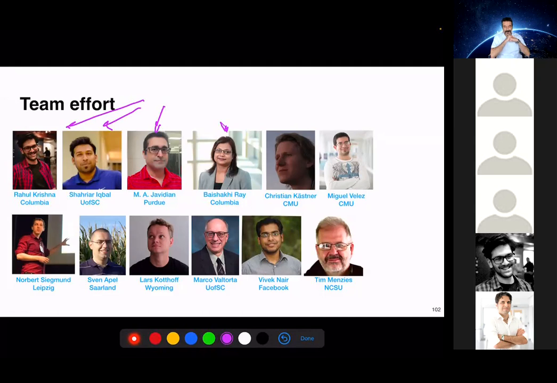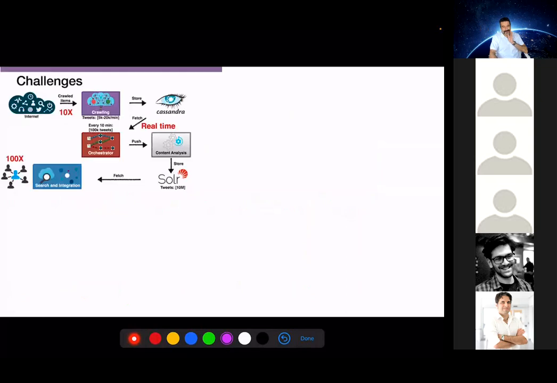We are collaborating with Bashaki Ray, especially on this Cooper. We have been collaborating with Christian, also Miguel, Norbert from Leipzig, Sven, Lars, Marco Valtorta, Vivek, and Tim Menzies. So thank you all for participating. It was a pleasure actually talking about this stuff with you. It was my honor, and thanks to the organizers of ASC for giving us this opportunity.